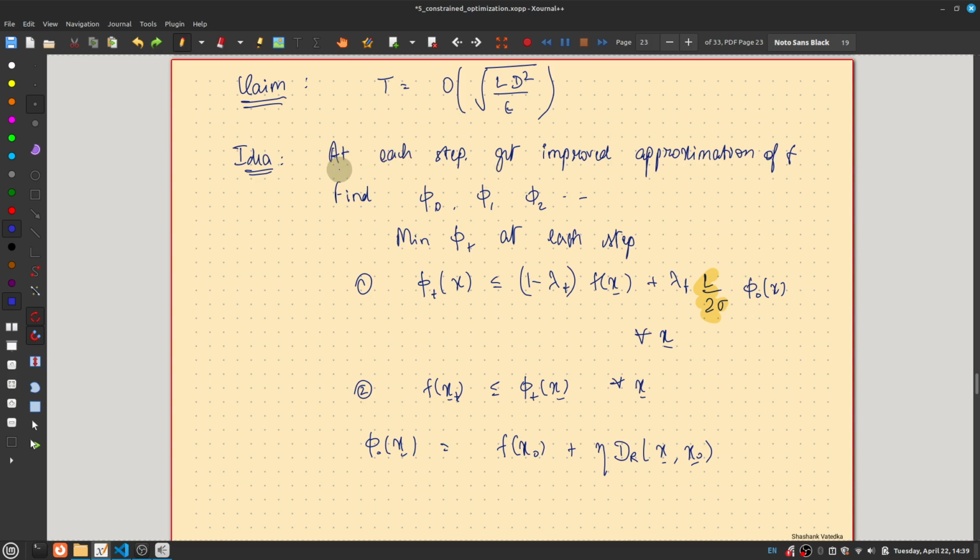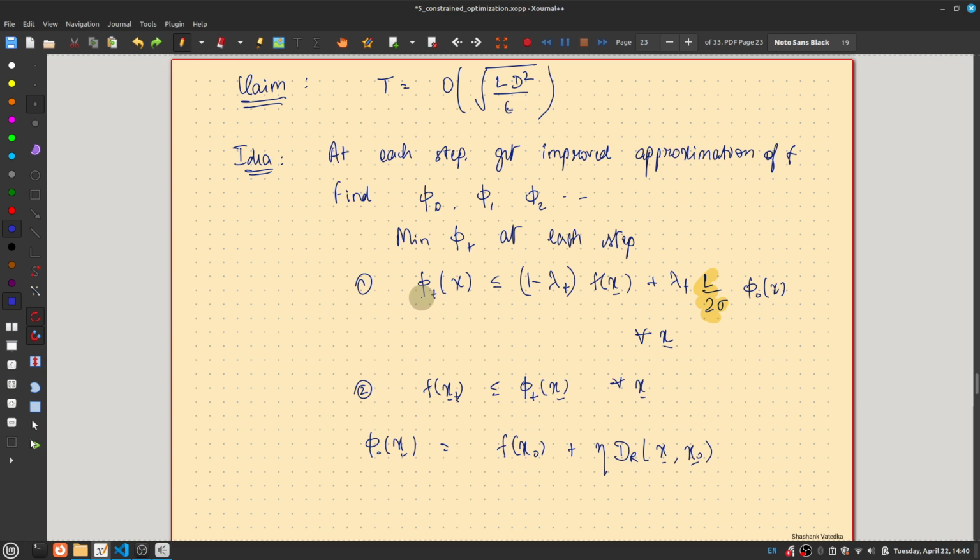The intuition behind the design of accelerated gradient descent is that in each step, you're constructing not just a sequence of xt's, but also a sequence of phi t's. So it's a sequence of functions which try to approximate f better and better in some sense.